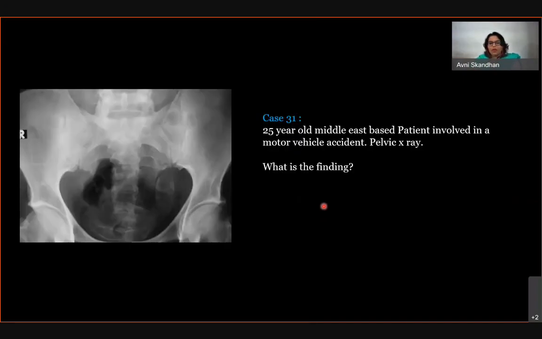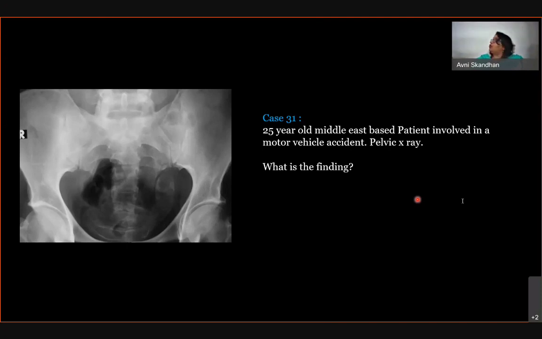Okay. So this is a patient who had an RTA, and so an X-ray. What is the finding seen here? There's another important history: a 25-year-old Middle East based patient who had a motor vehicle accident.